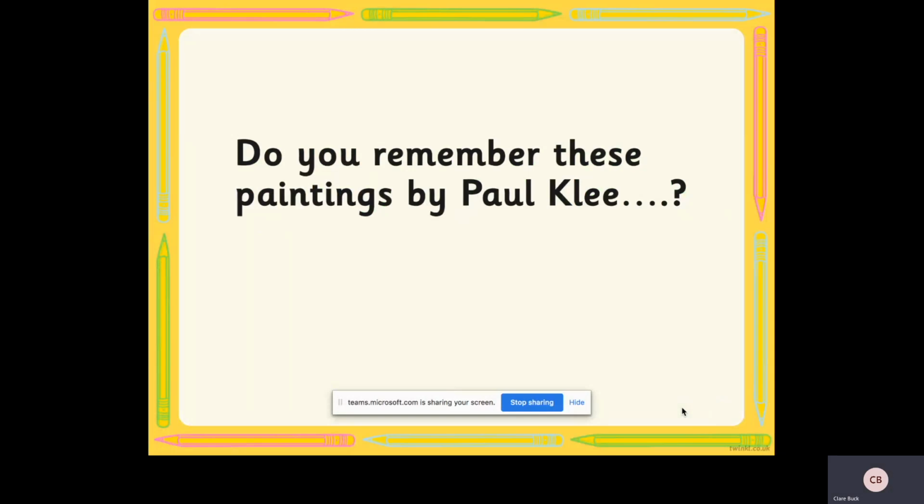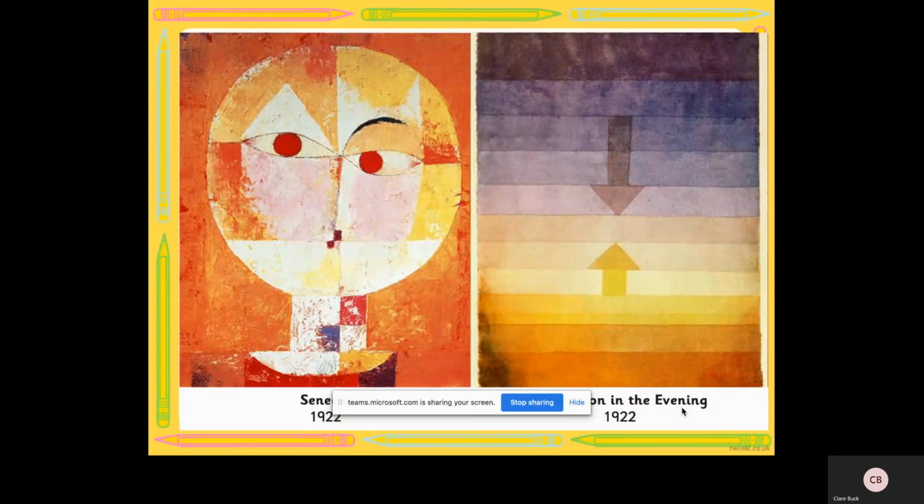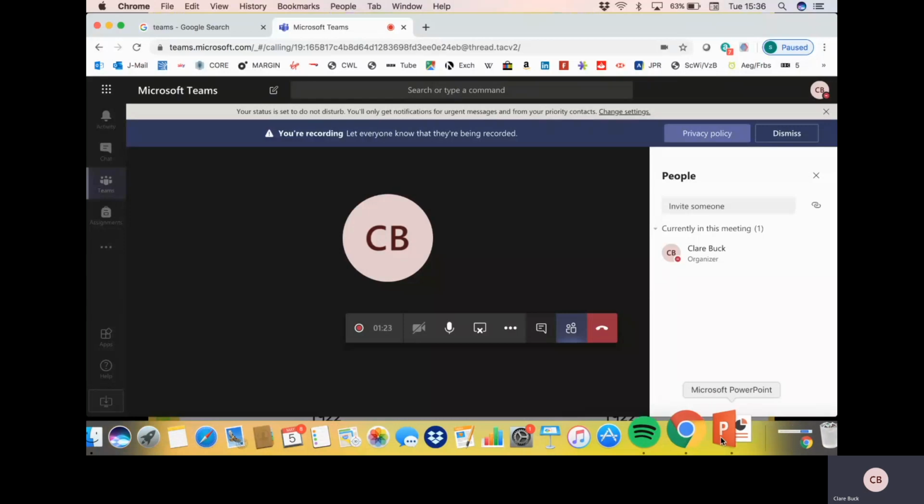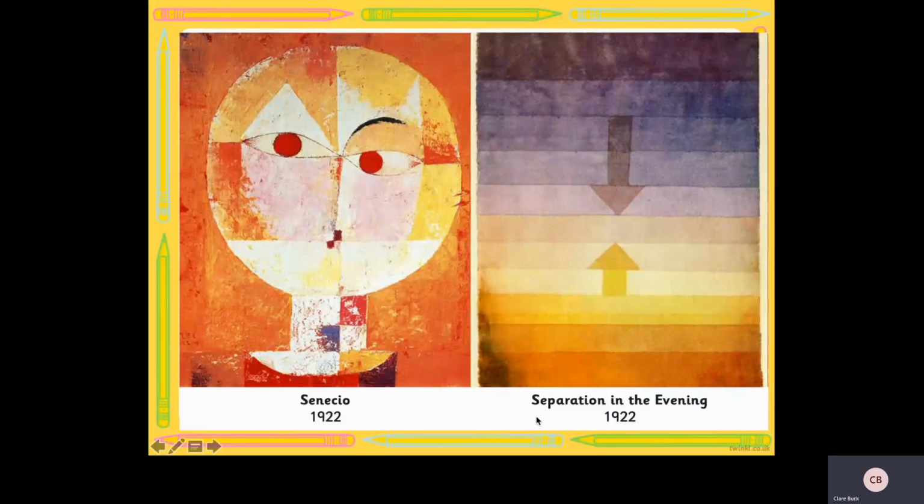So do you remember either of these paintings by Paul Klee? Senecio, 1922, and Separation in the Evening, the same year. Do you remember these?